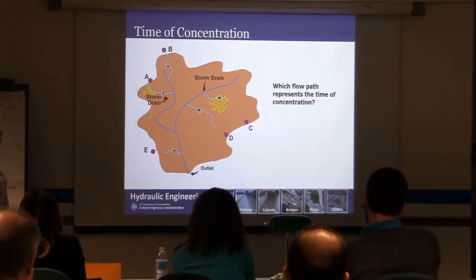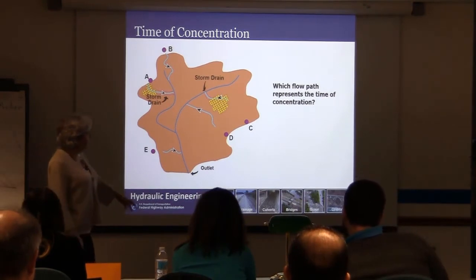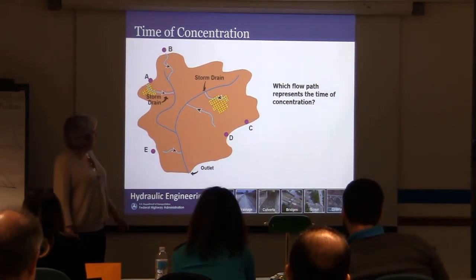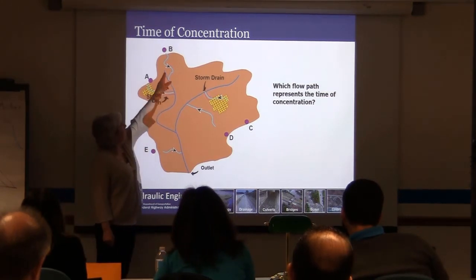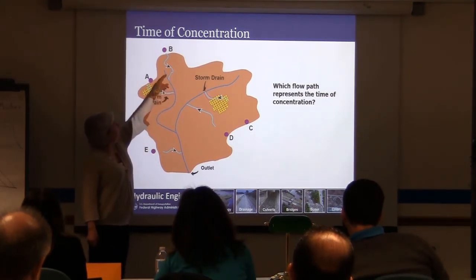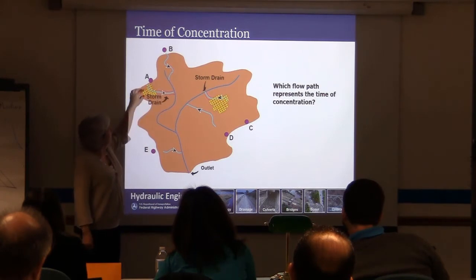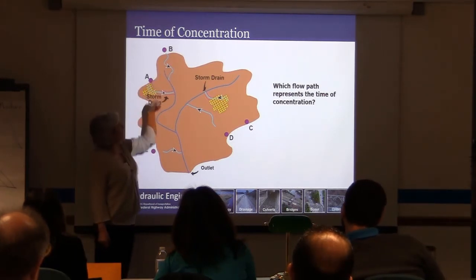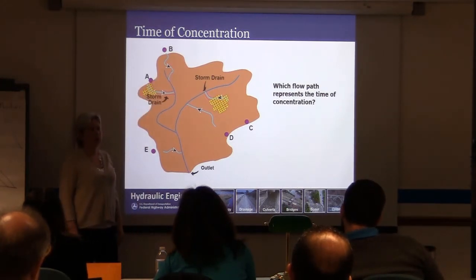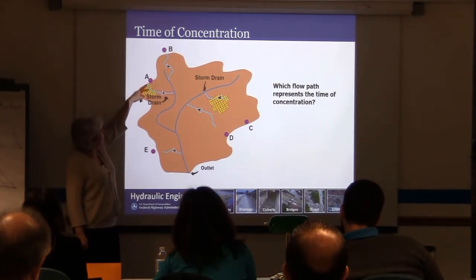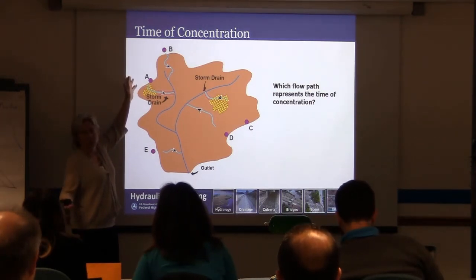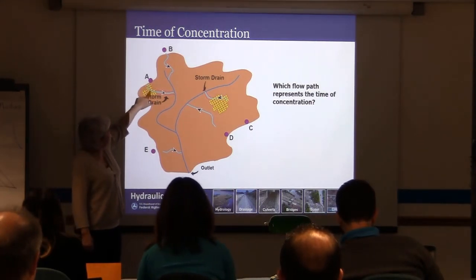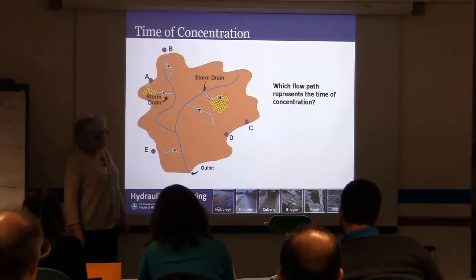So let's just look at this drainage area. Here's our outlet, and we have a little tributary here, and we have another tributary here with another one. They're showing a flow path. This flow path for B looks like it's going through a natural area, or fairly natural. This one is going through, I don't know, it looks like an urban area, a more urbanized section, and we have a storm drain here.